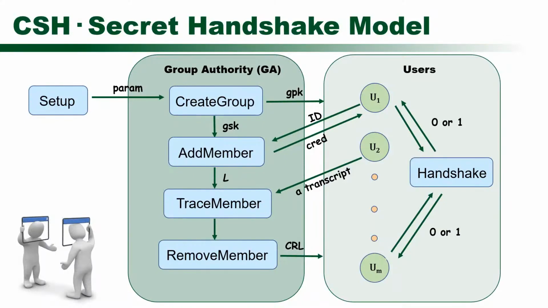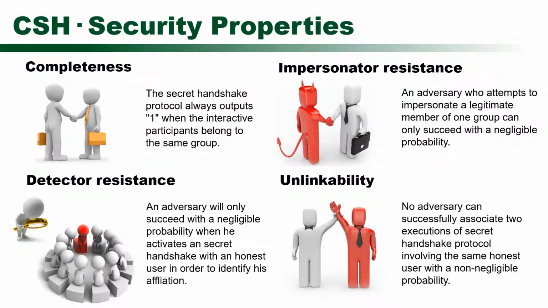Remove member takes the current credential revocation list CRL and the user's token as input, and outputs an up-to-date CRL that includes the new revocation records. In general, a secret handshake scheme must satisfy the following security requirements: completeness, impersonator resistance, detector resistance, and unlinkability.